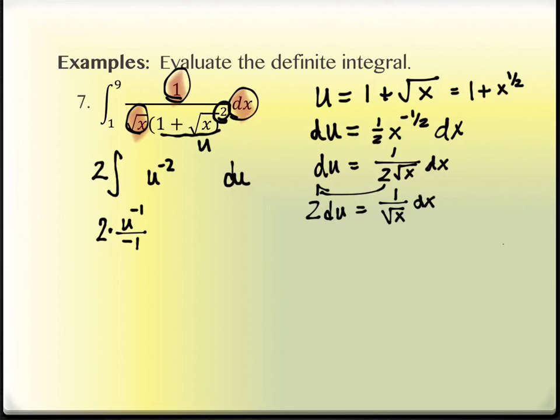If I simplify this, this would give me -2 over u. But what is u? 1 plus the square root of x. And at the point when I have the x's back in, I'm going to draw my vertical bar and put the 9 and the 1 there.